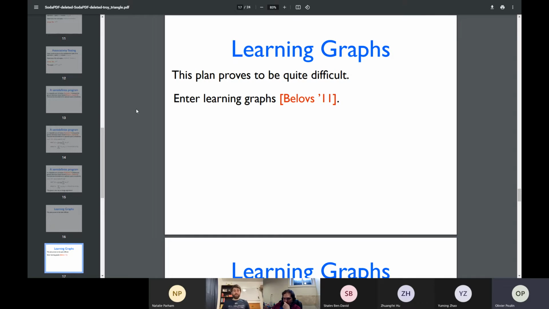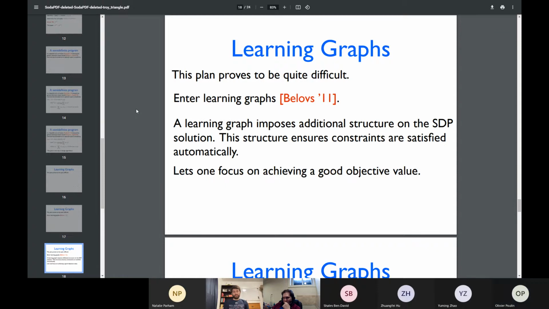And these learning graphs can be viewed as the minimization form of the general adversary bound, but with additional structure imposed on the form of the solution. This additional structure makes learning graphs easier to reason about, ensuring that the constraints are automatically satisfied.